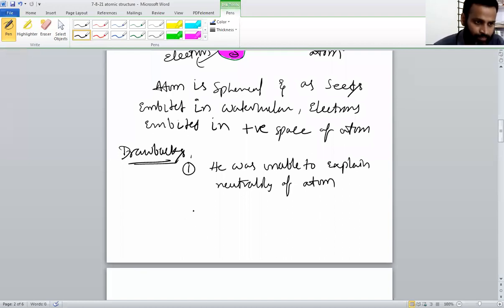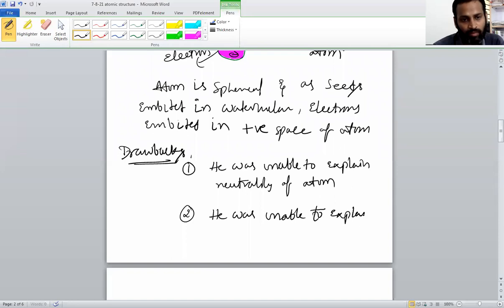And the second one: he was unable to explain the stability of the atom. These are the failures.